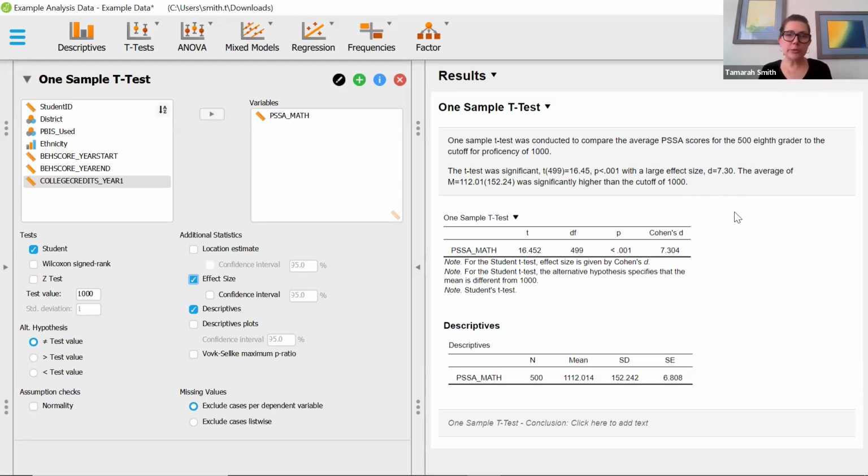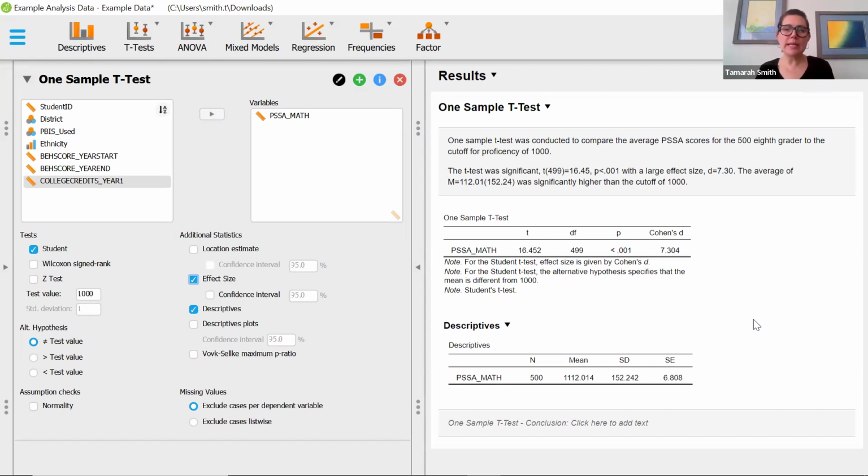So we can conclude then that the average score, I reported it here, which is down here in this table, is significantly higher than the cutoff of 1,000. Yes, it's significant because our p-value is very small, right? I've listed this out in a very particular format for APA purposes, that M equals this, and right next to it in parentheses, I've put the standard deviation.